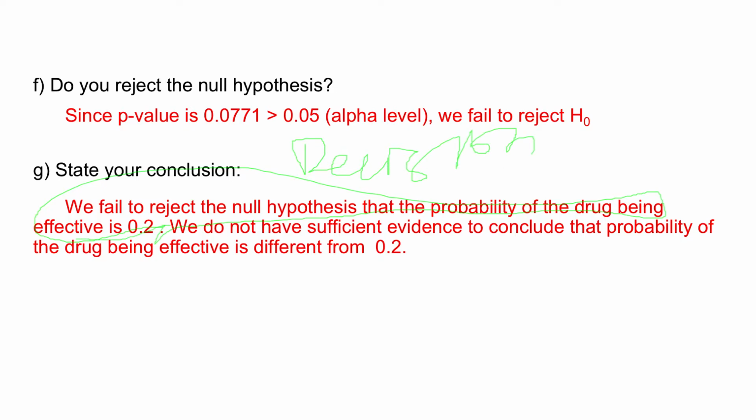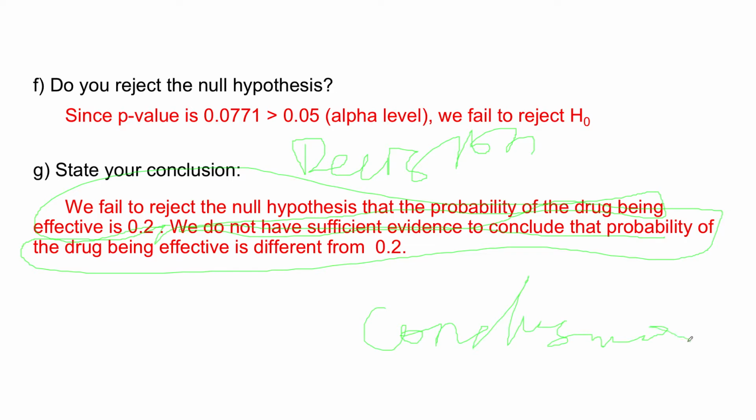And all of this part is your conclusion. Yeah, so decision, conclusion. Sometimes it's kind of specific, you need to say it. So this is the decision. Decision means I reject, or I do not reject.